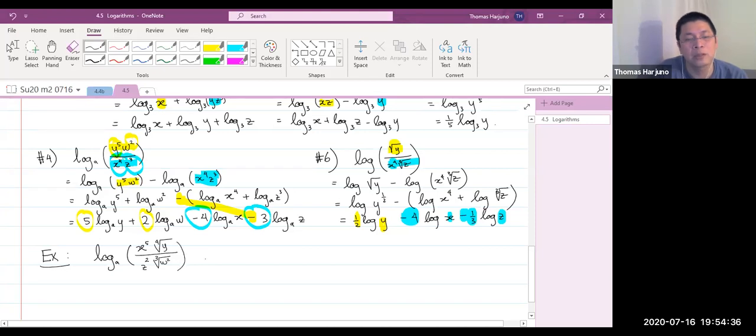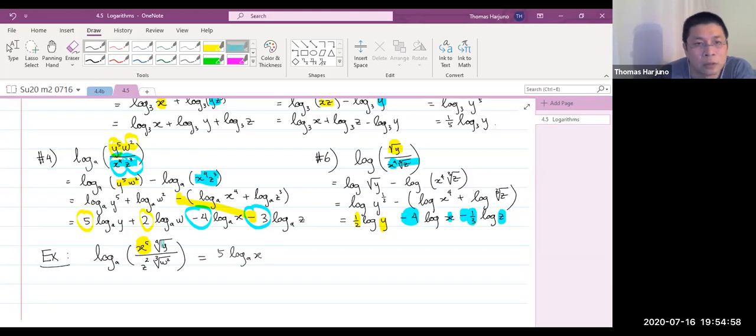We want to express this as the sum and difference of logs of x, y, z, or w. Then let's see, this is x to the 5th on the top. Then that would be 5 log base a of x. 4th root of y is on the top. So that's exponent 1/4. On the top, that's plus 1/4 log base a of y.